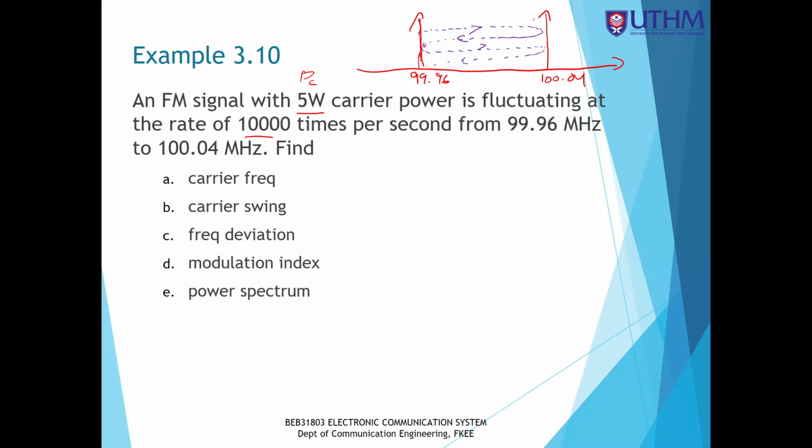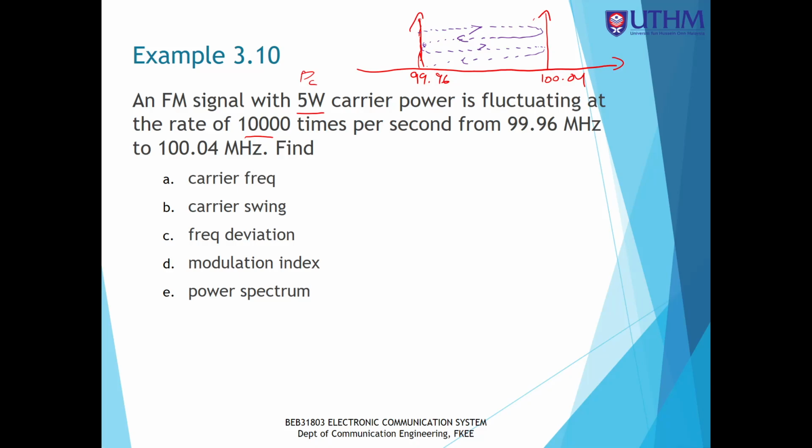So it moves 99, 100, 99, 100, something like that. Dia berayun. It fluctuates within this range of frequencies, and the fluctuation rate is 10,000 times per second. So it moves within this range of frequencies 10,000 times in 1 second.